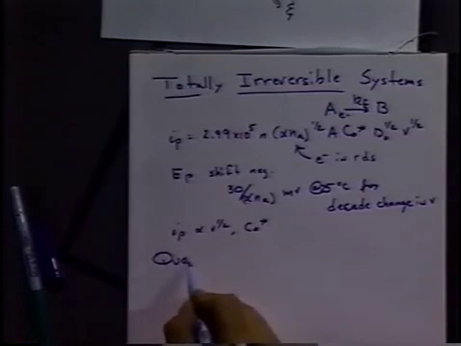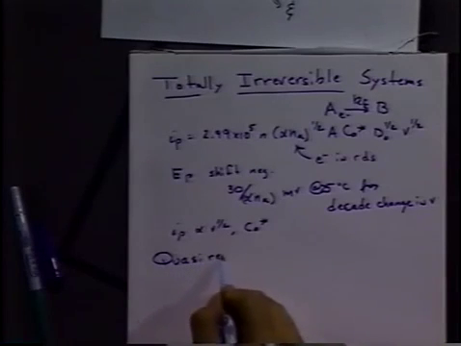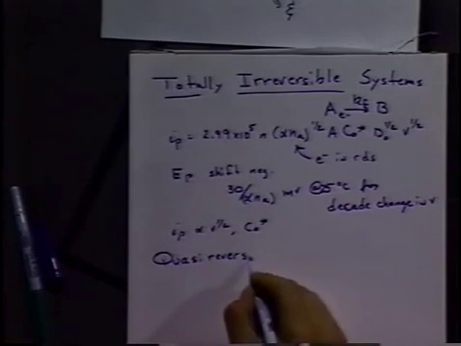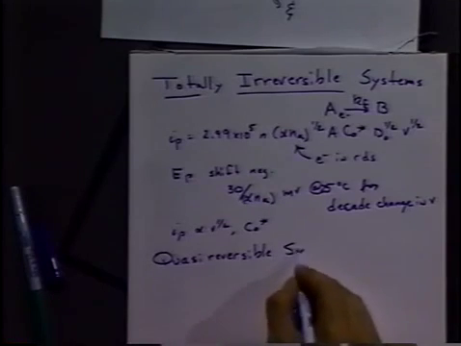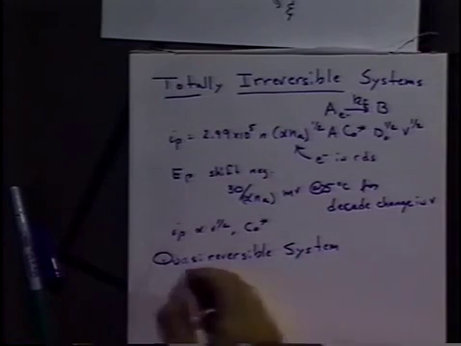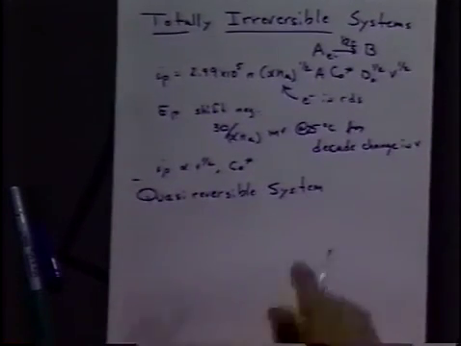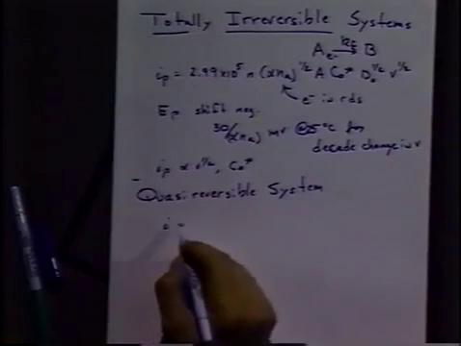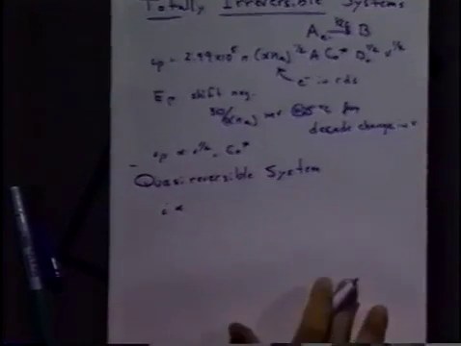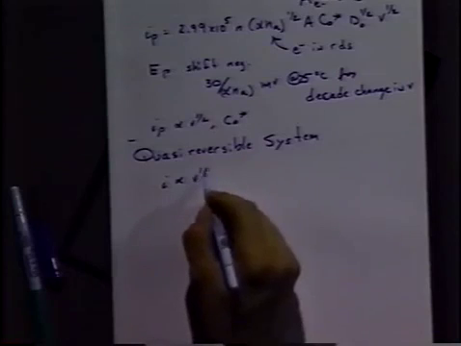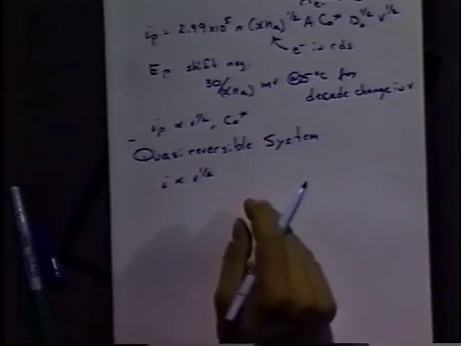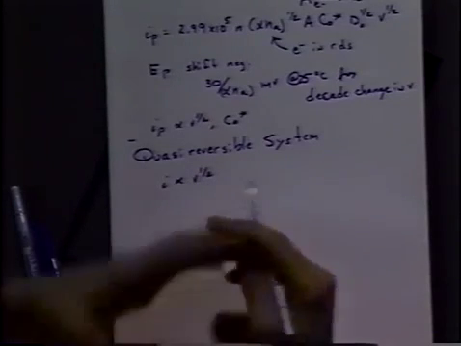Now the intermediate case is the quasi-reversible system. Here the current is proportional to the square root of the scan rate, but it's not necessarily proportional to the concentration, because depending on what the kinetic value is, it won't be directly proportional to the concentration.